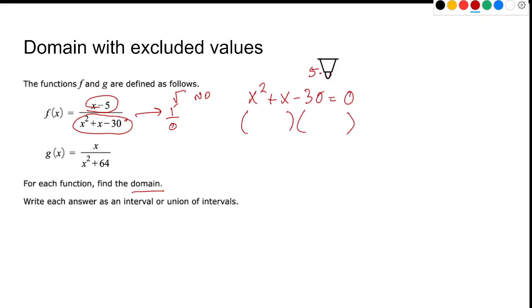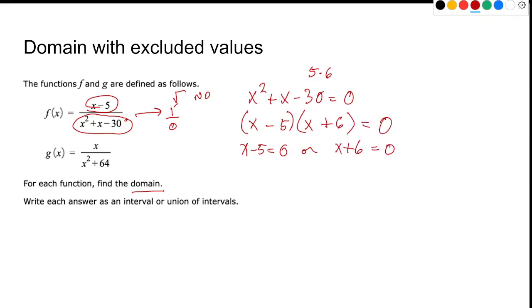When you take 5 minus 6, you get a 1, and that's going to work for us. So we get x times x. We get 5 and 6. We're subtracting, so one's positive, one's negative. And since the middle term, 1x, is positive, the larger number has to be positive. So we end up with positive. You can FOIL this out to do a check, but you'll see that that factoring does work. So when we solve this, we get x minus 5 equals 0, or x plus 6 equals 0.